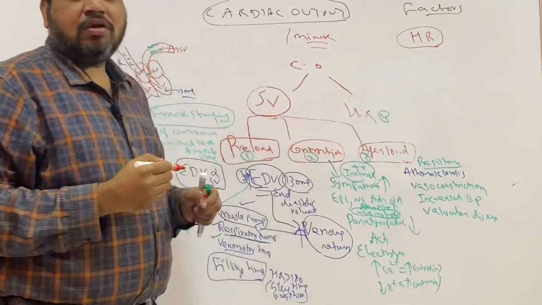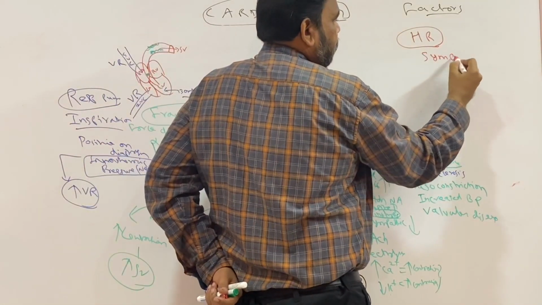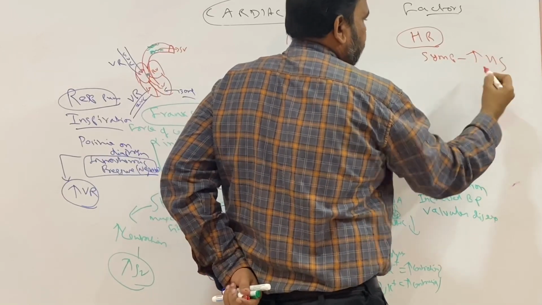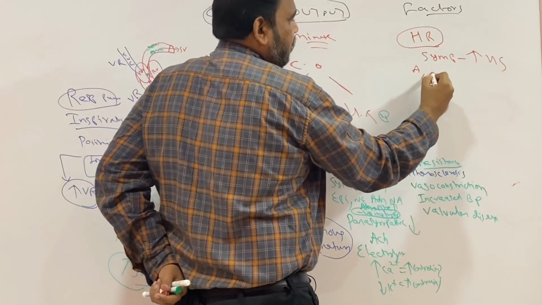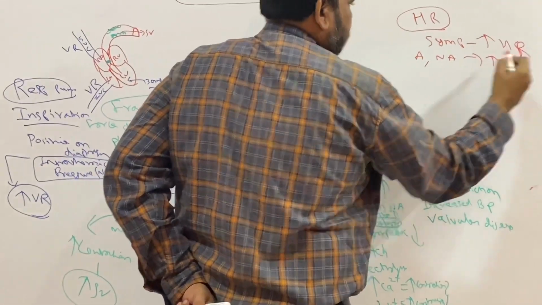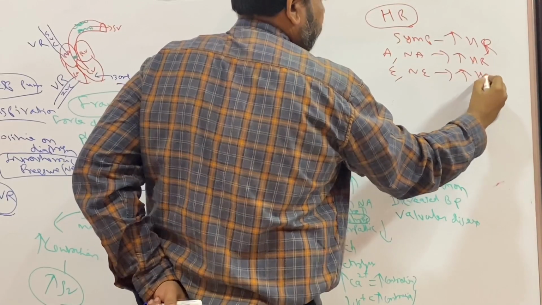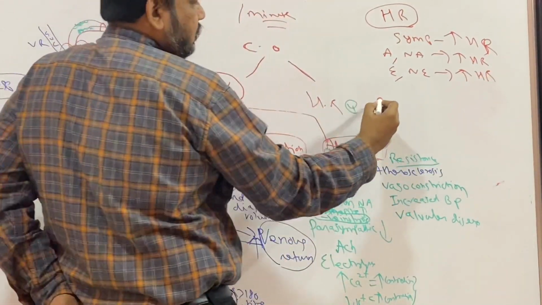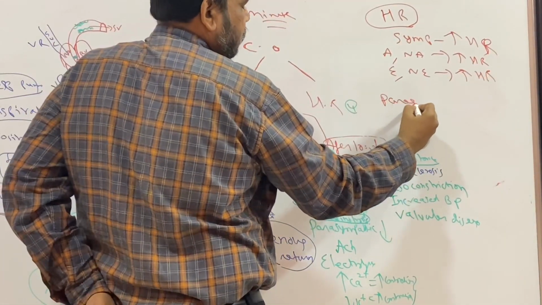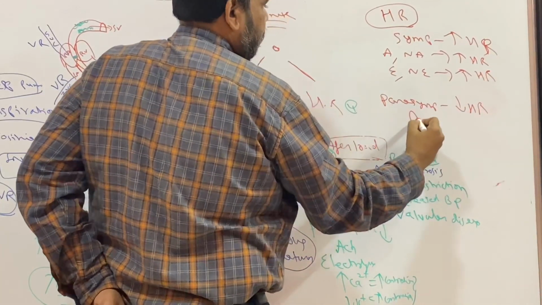Again, it is also under autonomic regulation. So sympathetic increases the heart rate. Same adrenaline, noradrenaline increases heart rate. Epinephrine, norepinephrine increases heart rate. Parasympathetic decreases heart rate.